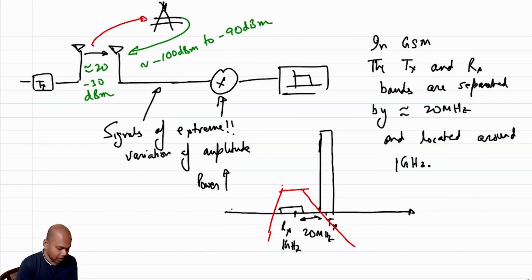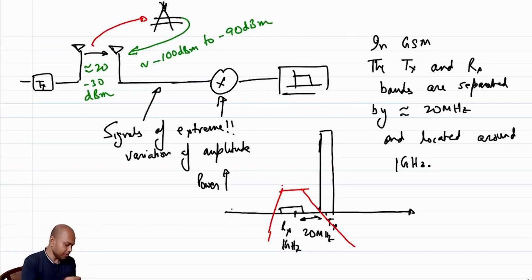And the specification typically required is, if you are transmitting something of the order of 20 to 30 dBm, you would at least want to lower it by around 30 to 40 dB, so that your receiver can handle the lowered power.